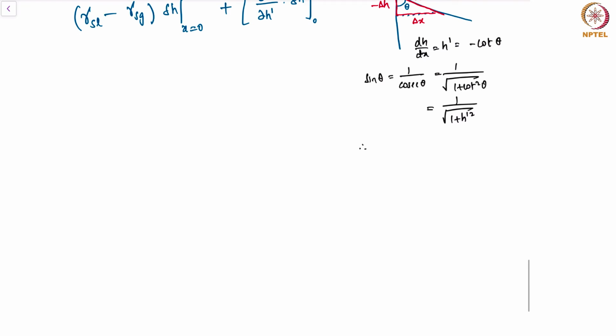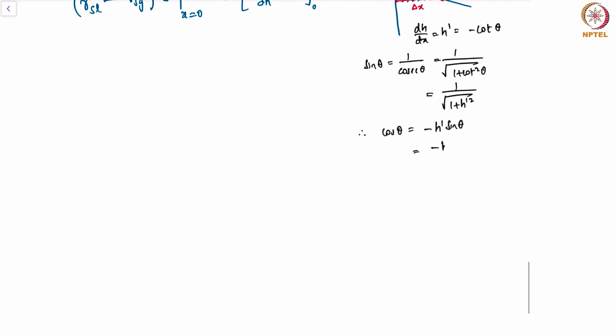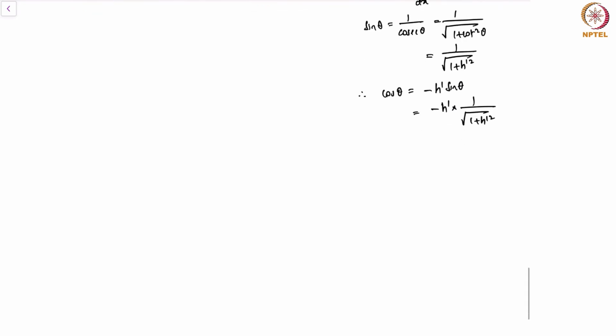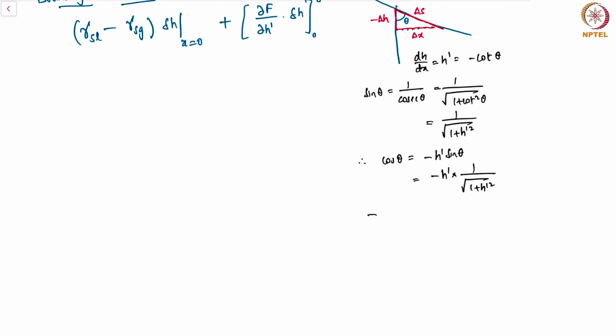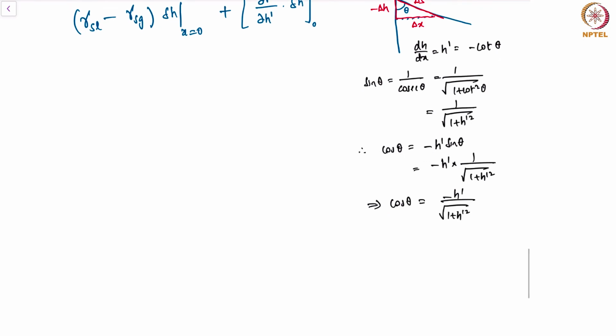Since cot theta is cos theta by sine theta, cos theta is minus h prime times sine theta, so cos theta will simply be minus h prime by square root of 1 plus h prime square. That's the expression for cos theta.